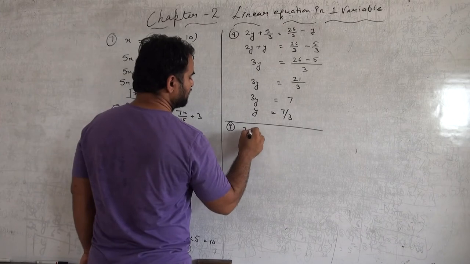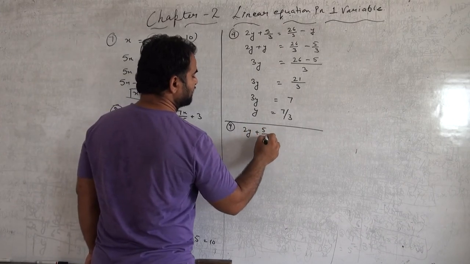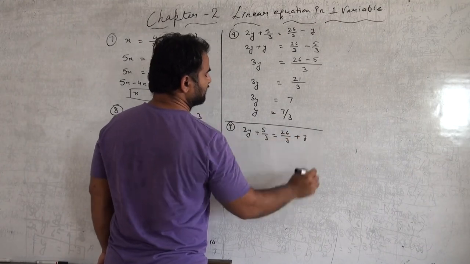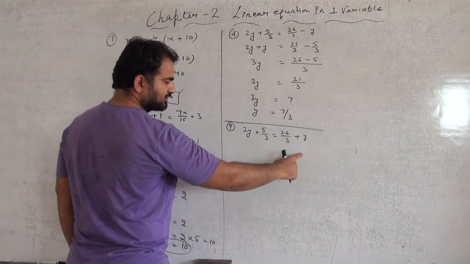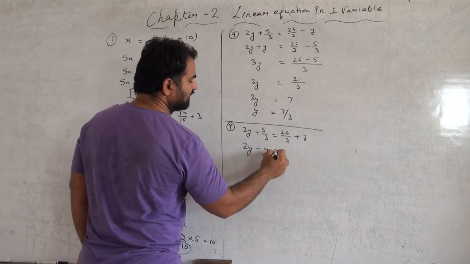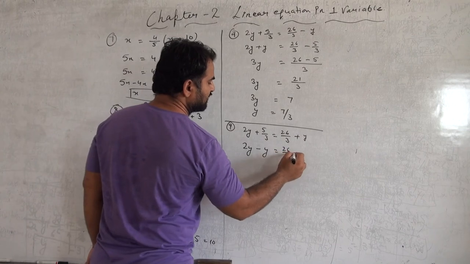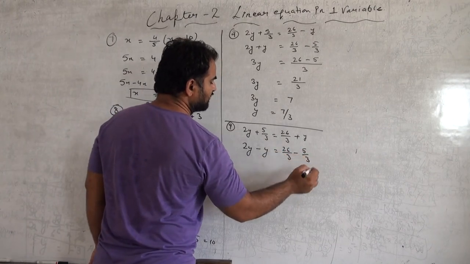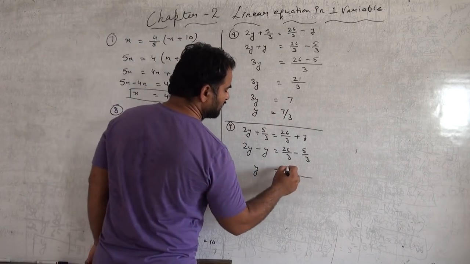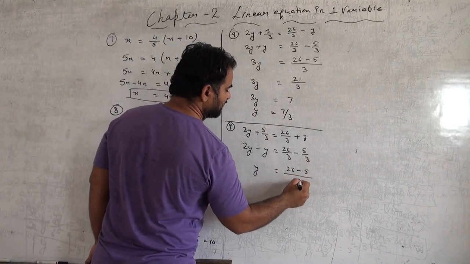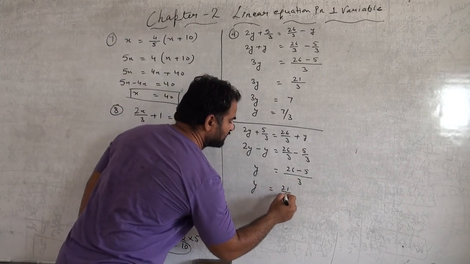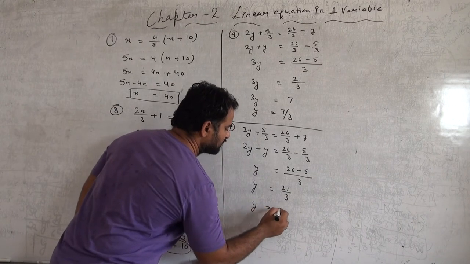So 2y plus 5 by 3 equals 26 by 3 plus y. Okay, so what you have to do is just place it on the left hand side. So it will be 2y minus y equals 26 by 3 minus 5 by 3. 2y minus y will be y equals 26 minus 5 upon 3. So y equals 21 upon 3, y equals 7.